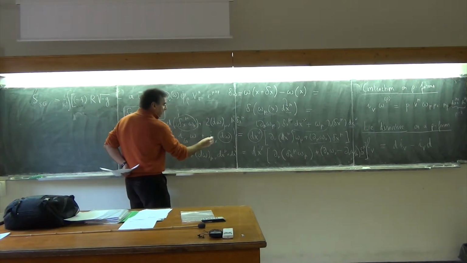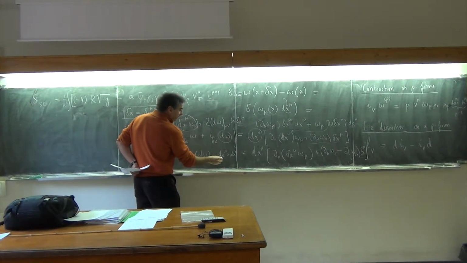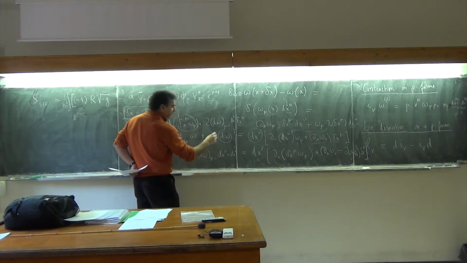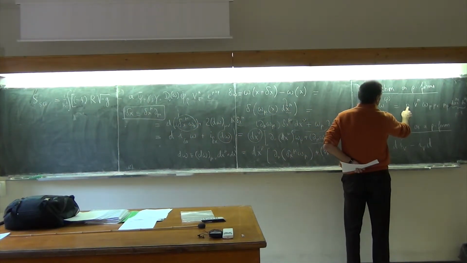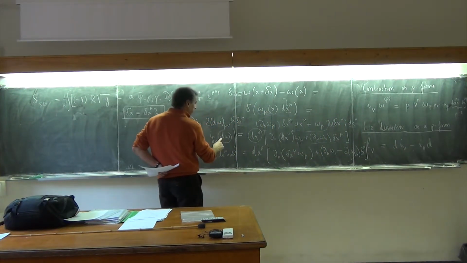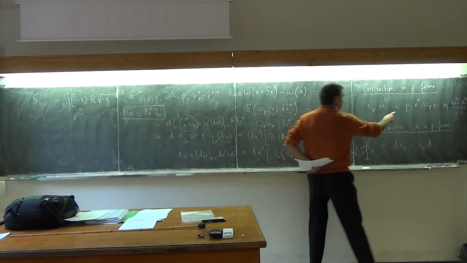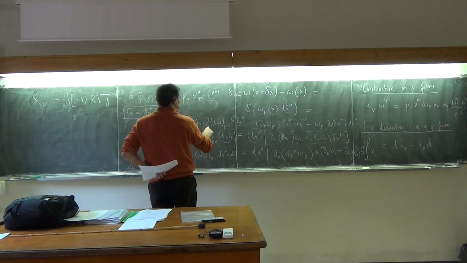If you contract it along this vector, this disappears. You have to put a factor of 2 because you have a factor of 2 here when it is a 2 form. And this is a 2 form, so you put a factor of 2, and this factor of 2 is the one you have here.